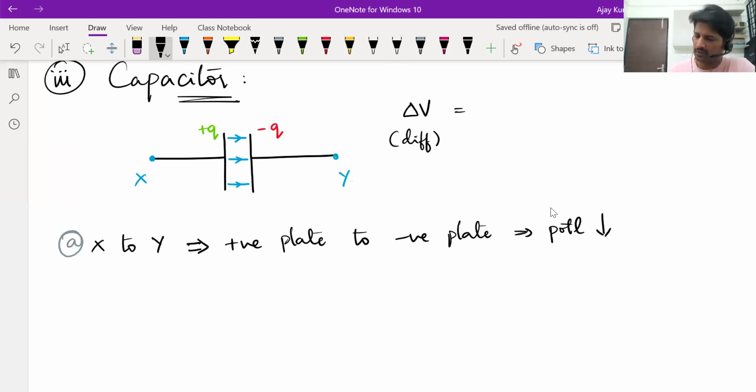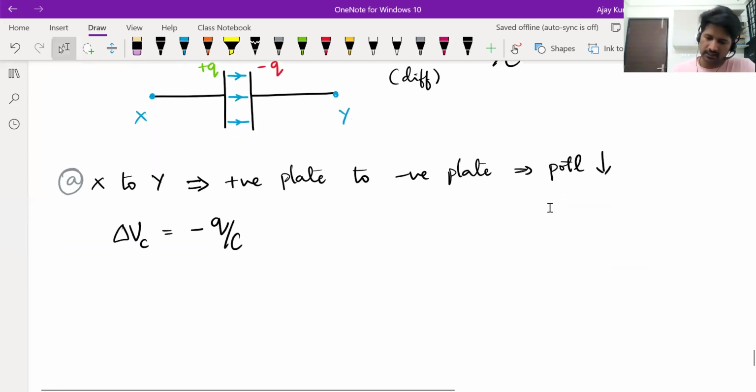We write it as Q by C. Correct. Charge on the capacitor divided by the capacitance. So when you are going from X to Y, you will consider it as negative of this, because potential decreases. Change in potential across the capacitor should be minus Q by C.